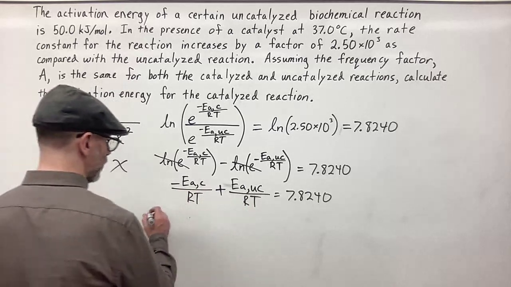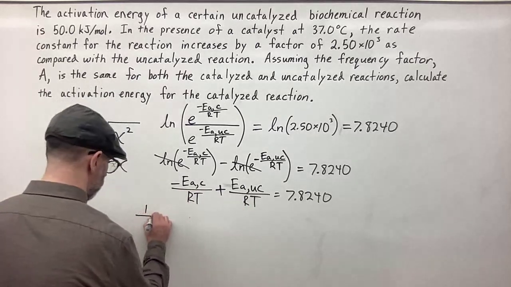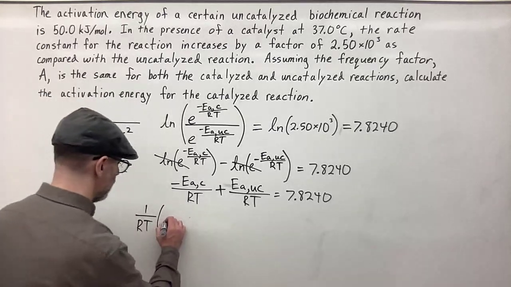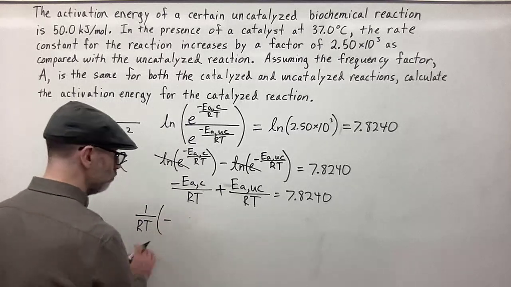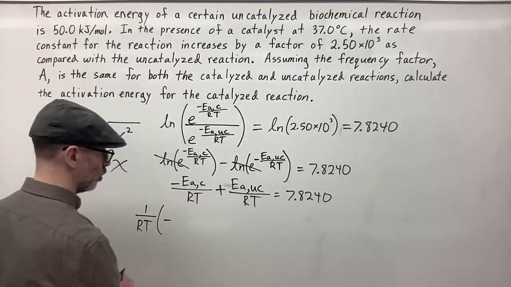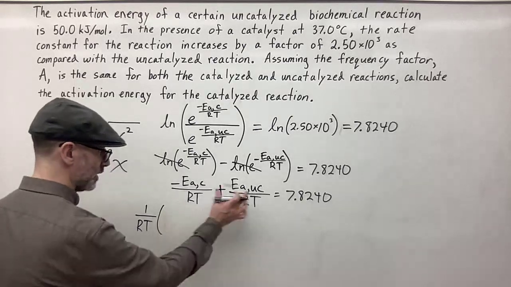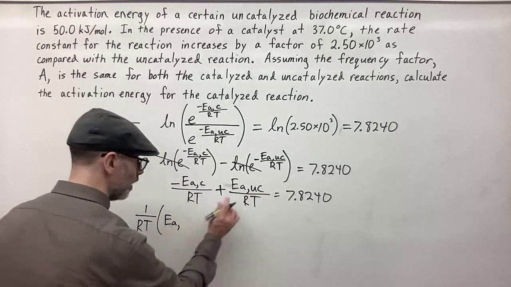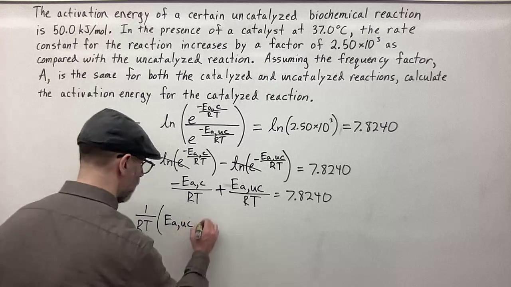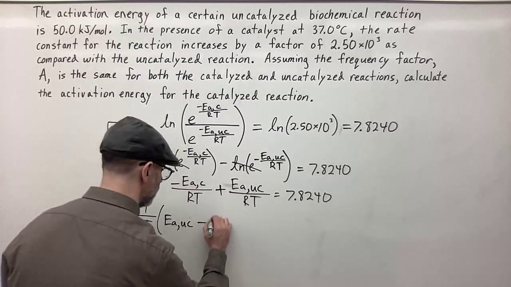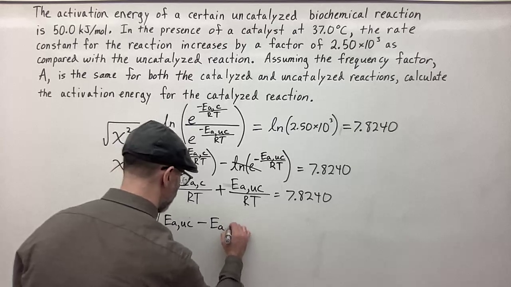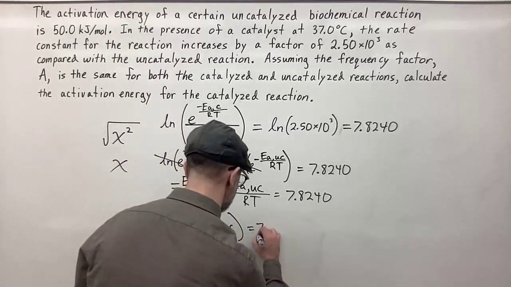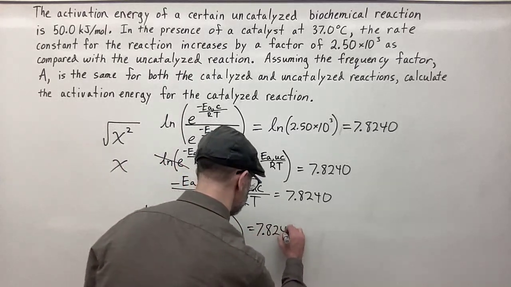So we can put in 1 over RT, take that out, and then we could switch these terms around. So instead of negative on this side, we can do EA of the uncatalyzed minus the EA of the catalyzed, the activation energy of the catalyzed, and then that's going to be equal to 7.8240.